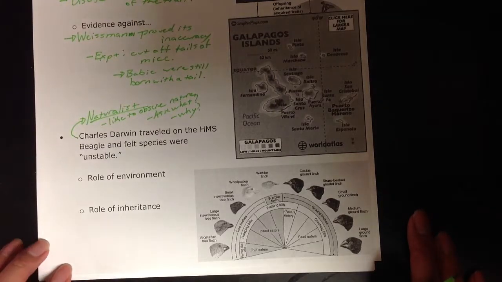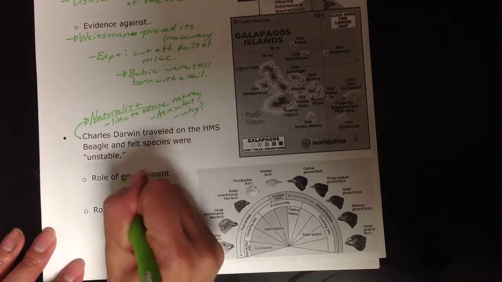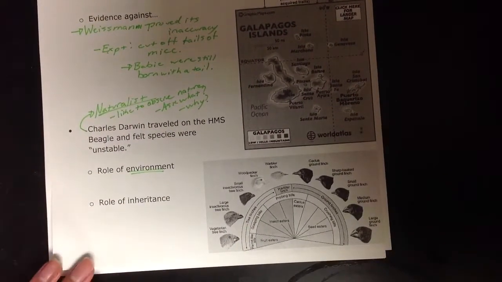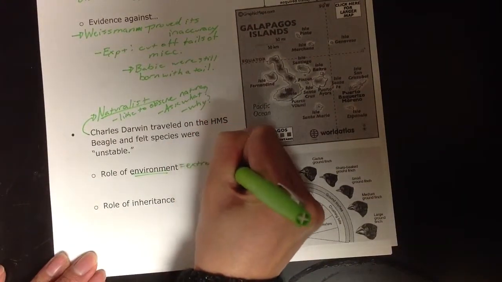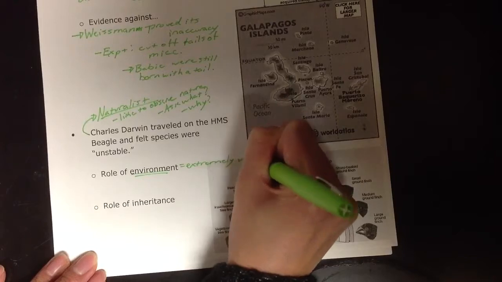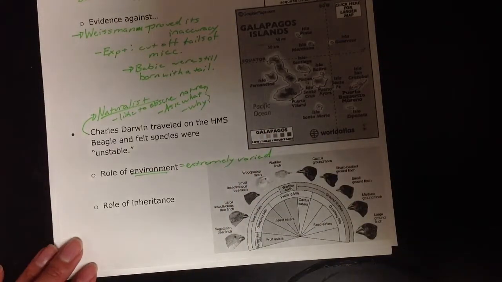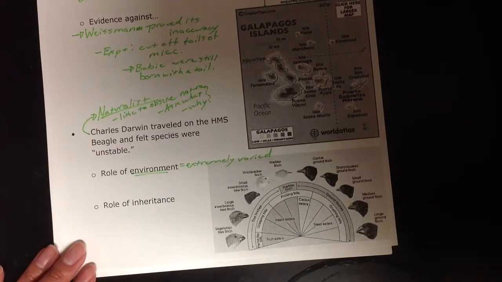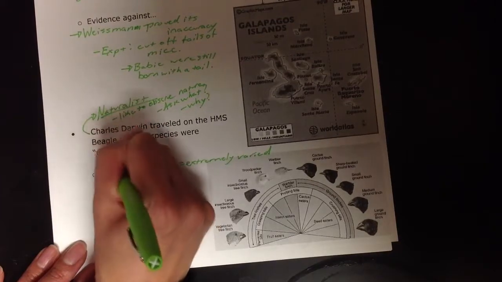One of the reasons why it was so important is that the environments he came into contact with were extremely varied. And because of these extremely varied environments, he actually determined that species were very unstable.